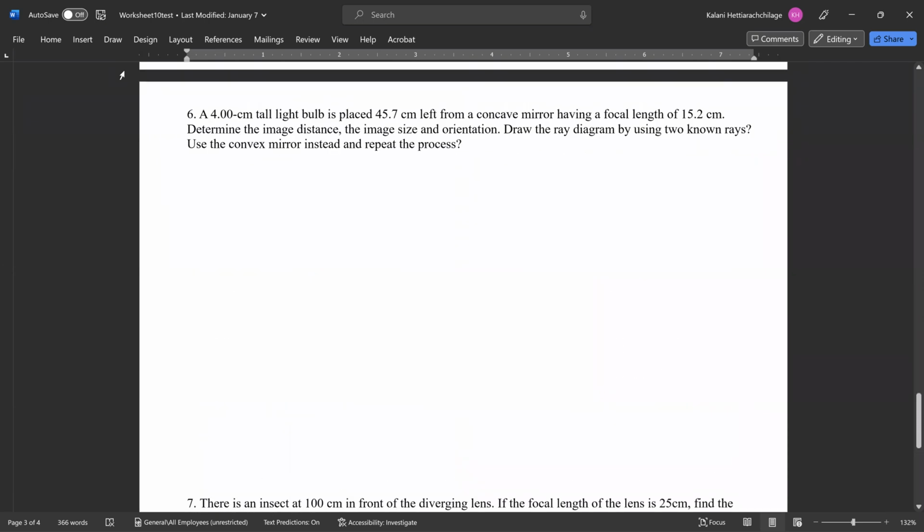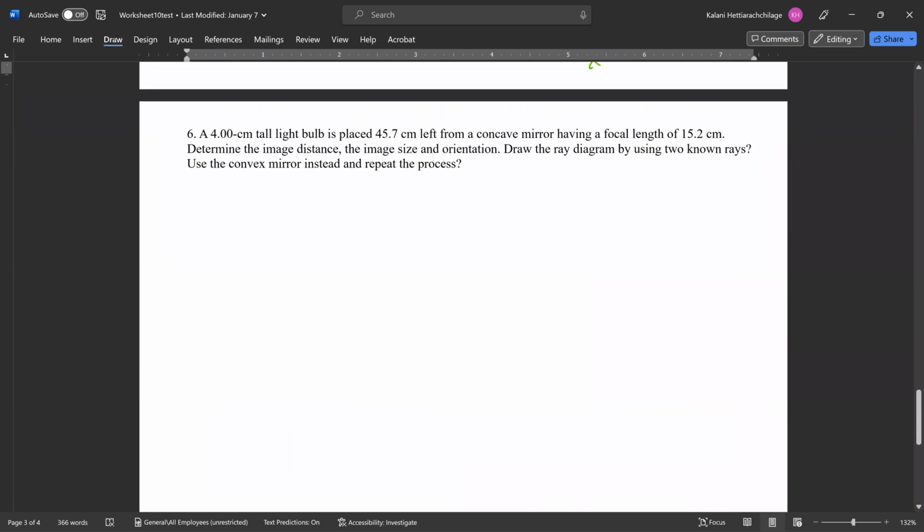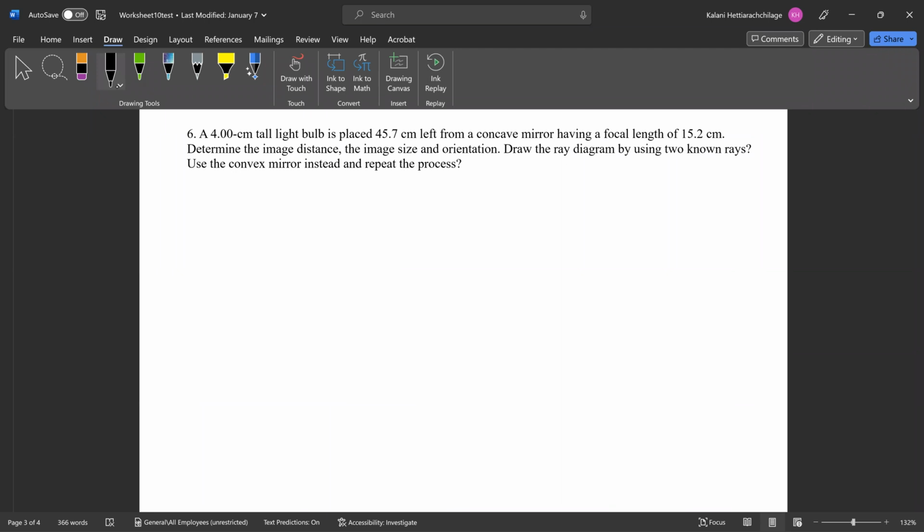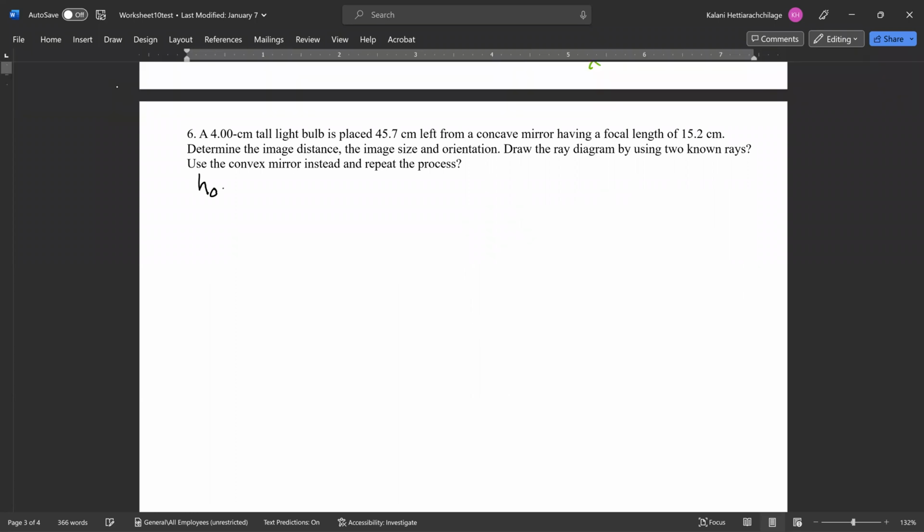Okay, I have two more questions. Let's do this one. So now question number 4, you have information about your height, right? So the tall light, you have h naught given as 4 centimeters, and placed to the left of the concave mirror.